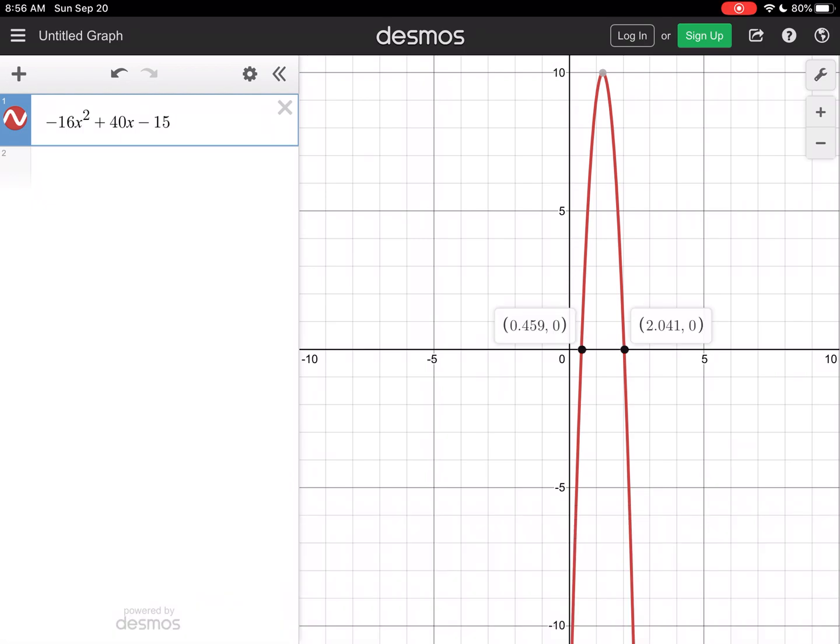So it'll be the part of the graph that's below the x-axis, because anything above the x-axis would be more than 15 feet in the air. So I'm going to go from 0 to 0.5 seconds, about.